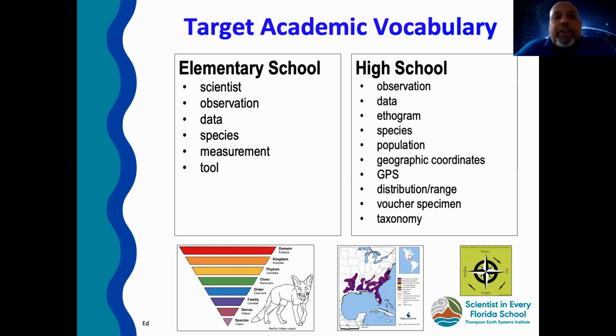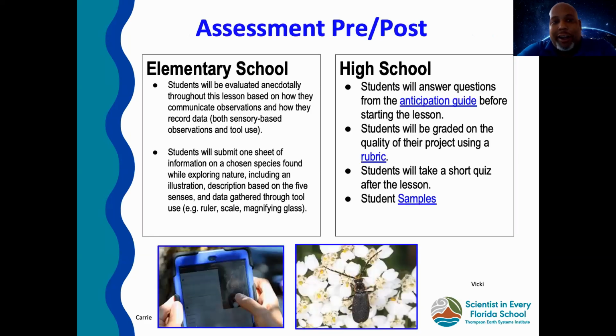You'll see that the elementary school level is listed. It's a shorter list. Same thing with the high school, it's a little larger, and obviously this would grow and this will only be for this first quarter, but it gives an idea as to what you want to do and how you want to build on it. That's pretty much it. Next slide, next presenter.